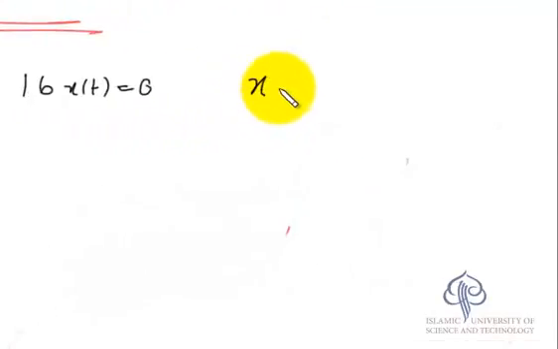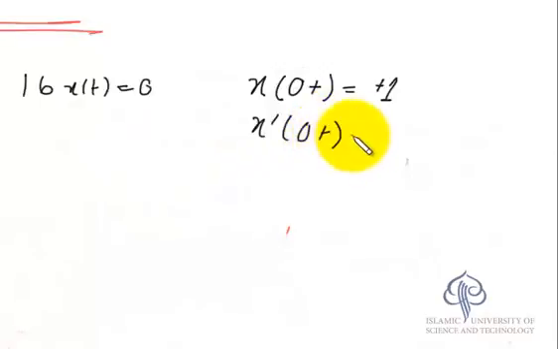Remember that we'll need two initial conditions for this because it's a second order differential equation, so you'll have two undetermined coefficients because it will have two roots, as the characteristic equation will be of second order. So two initial conditions are required, so they're given. x(0 plus) is plus 1 and x dash(0 plus) is minus 1.